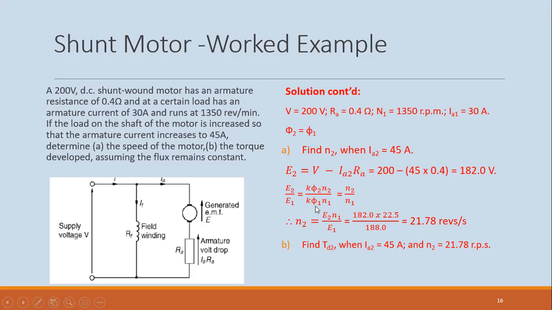Hence, phi 2 and phi 1 cancel, the K's will cancel. So we're left with N2 over N1. So I can work out what N2 is from E2 over E1 equals N2 over N1. So N2 would be equal to 21.78 revs per second.